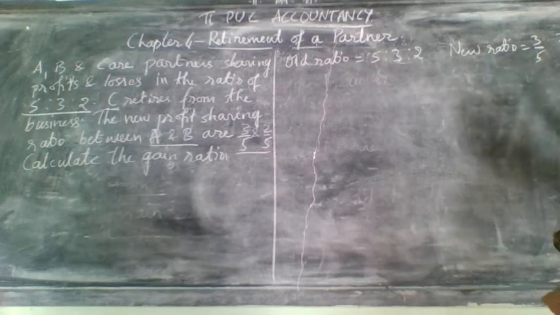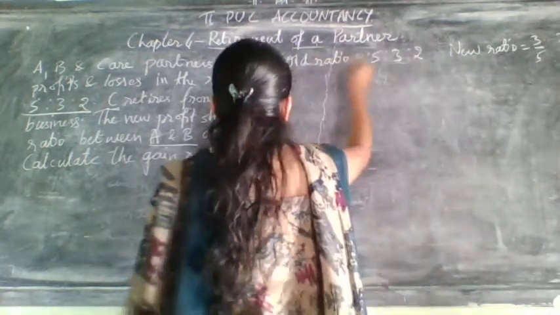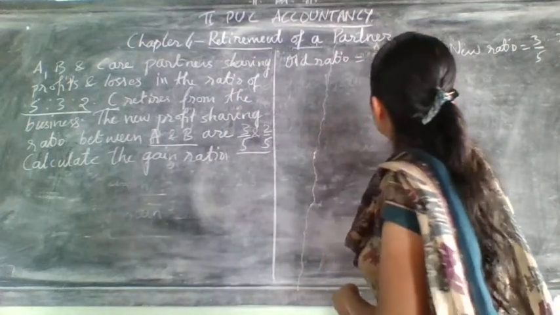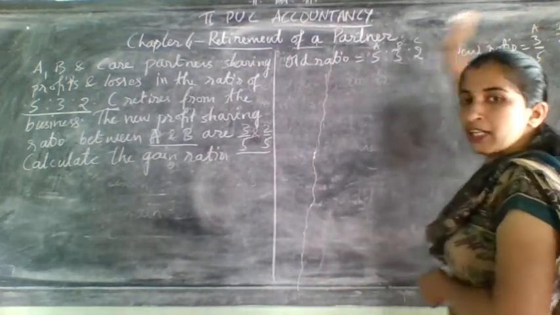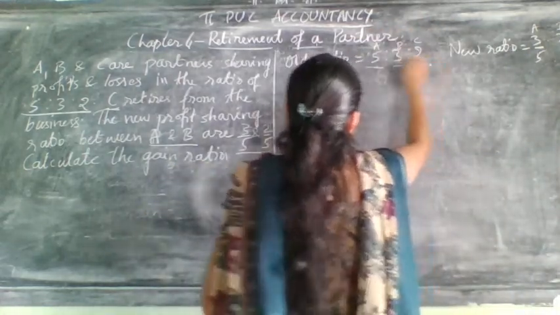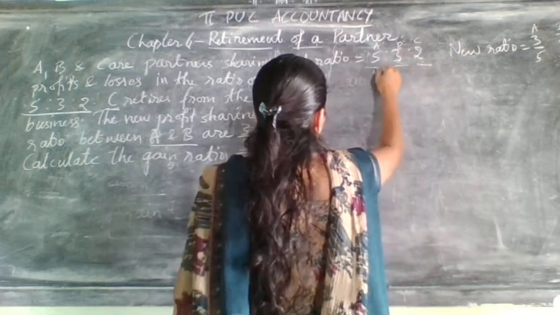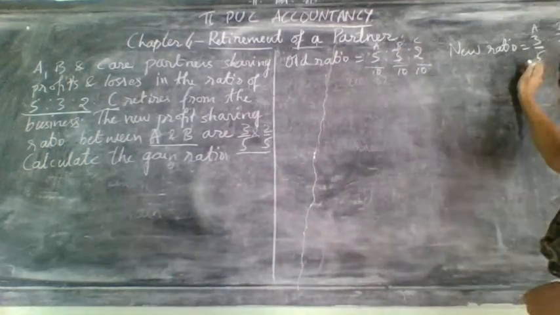This is A, B and C. Here the new ratio is related only to A and B. Now let us take 5 plus 3 plus 2, it will come 10, 10 and 10. Here they have already given it in the problem.